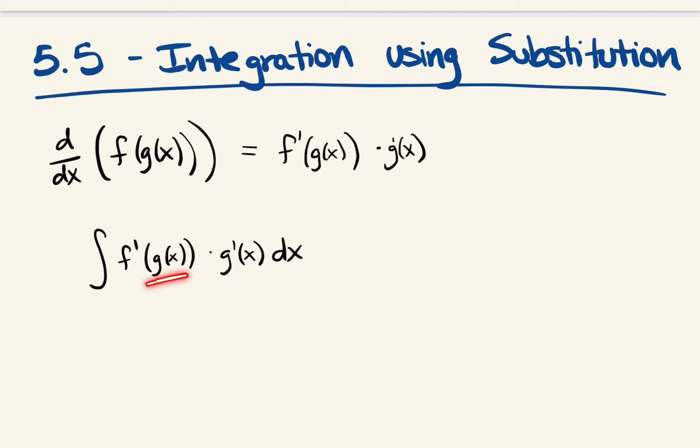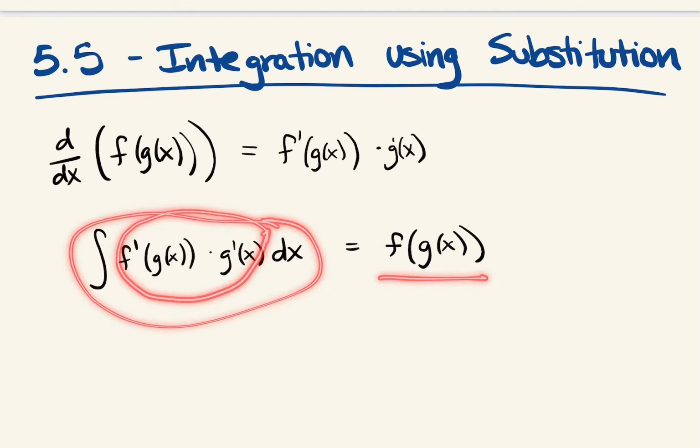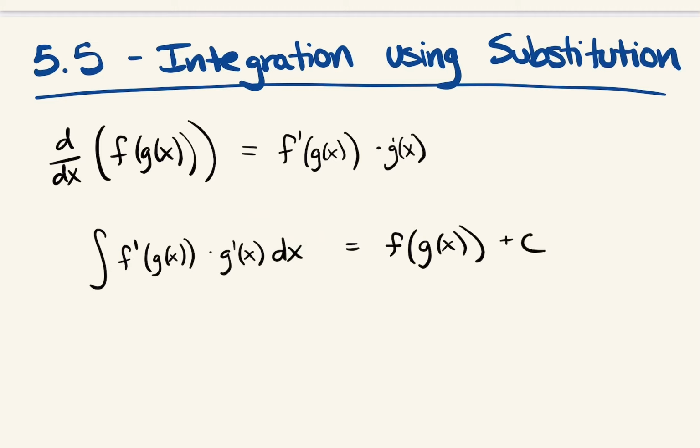So we have some inner function here and its derivative, which is showing up over here, then we would get f of g of x. This was the original function, this is its derivative. So if I integrate this piece, I'll get back over here, plus c, of course.